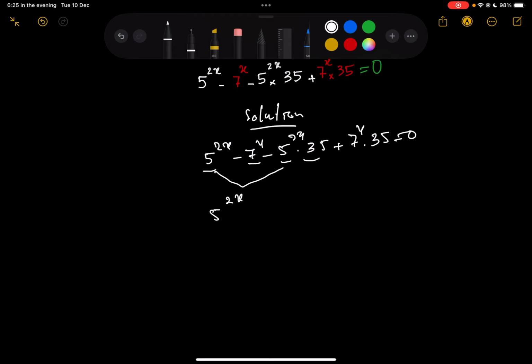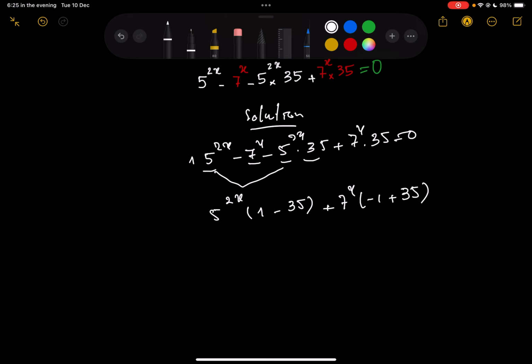Now here we have coefficient 1, and we can calculate it by taking 5 power 2h to the outside, the remainder is negative 35. Alright, also the same thing, we look at the base 7 power h. We take the 7 power h to the outside, and the remainder is the negative 1, and here is the positive 35.